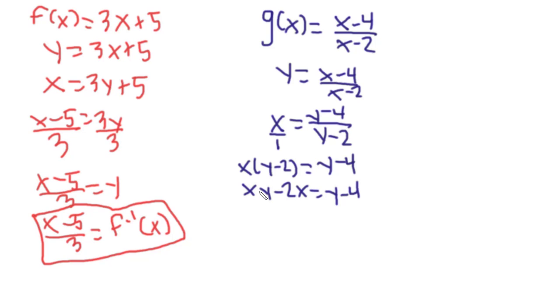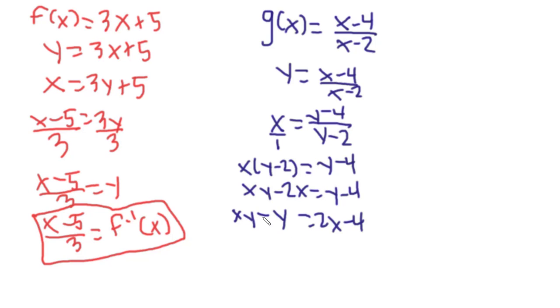Now we want to get my y's together and my x's together. Well, the y's are easier to get together than the x's are. So we can move this y over, and I can move that x on the other side. Okay, so I just move the x over, move the y over.